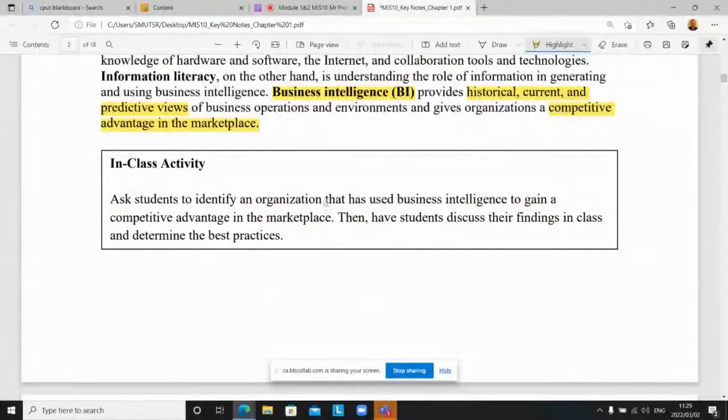In-class activity, you know what, to be honest with you, an organization that has used business intelligence, everybody uses them. If it's more than 1,000 employees, they will be using business intelligence. And often these programs that are business intelligence are written custom for that company. And they will have whatever the name that they want to give it to.